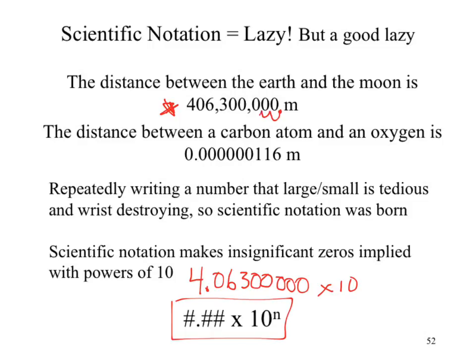We went 1, 2, 3, 4, 5, 6, 7, 8 locations. Are we describing a really big number or a really small number? A really big number, which means the sign in front of my 8 should be positive. And I now have my number.